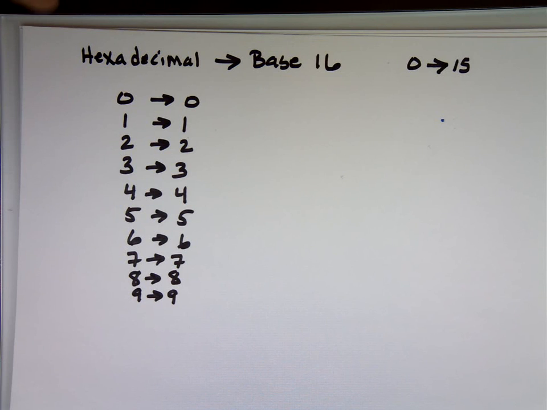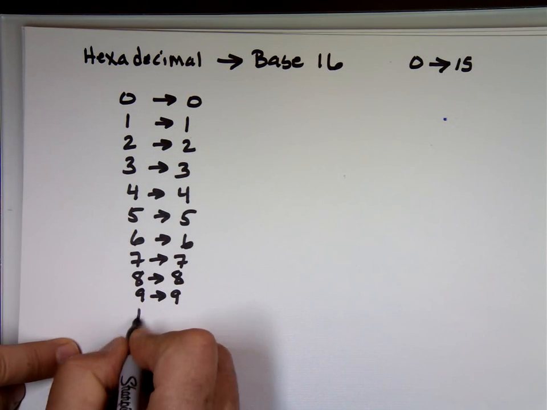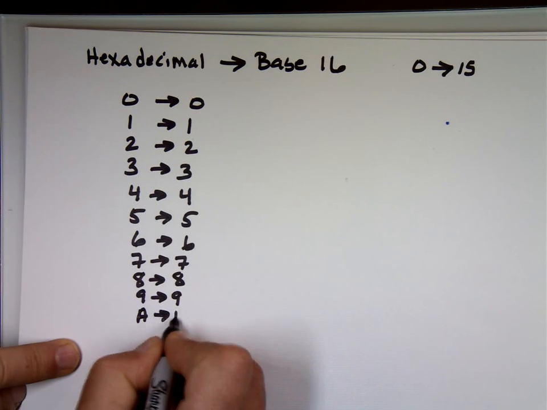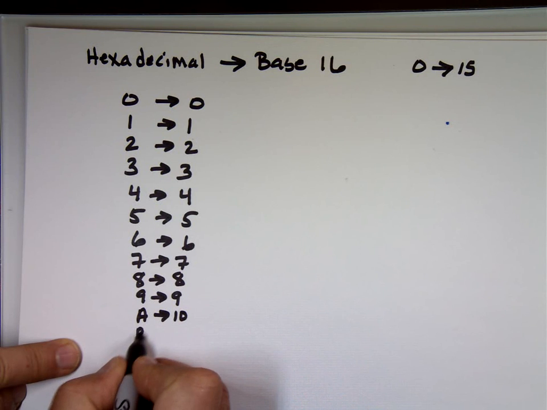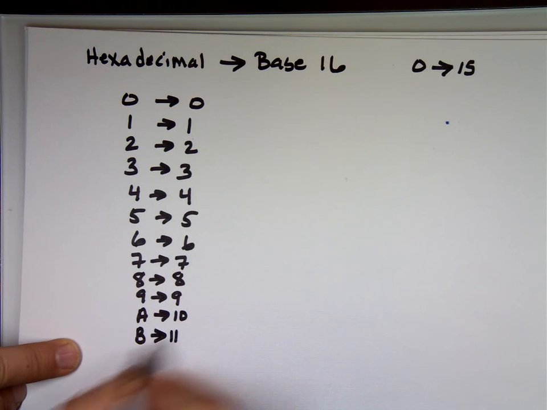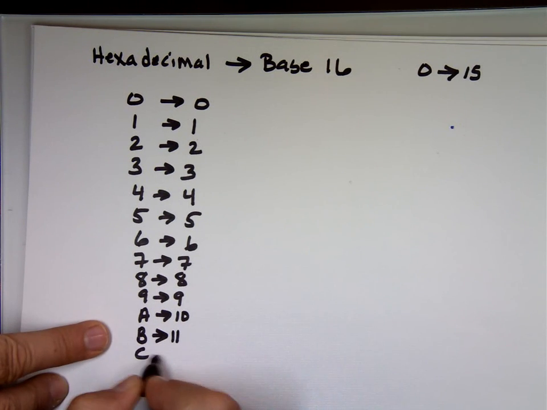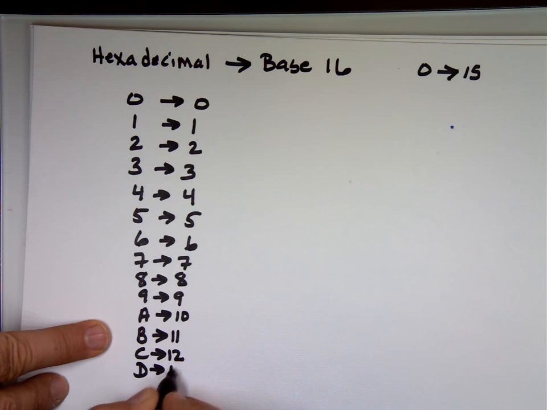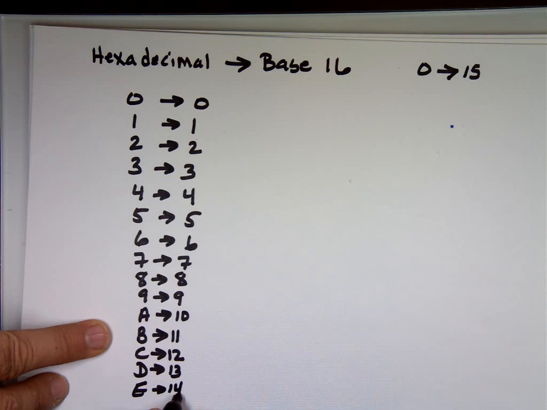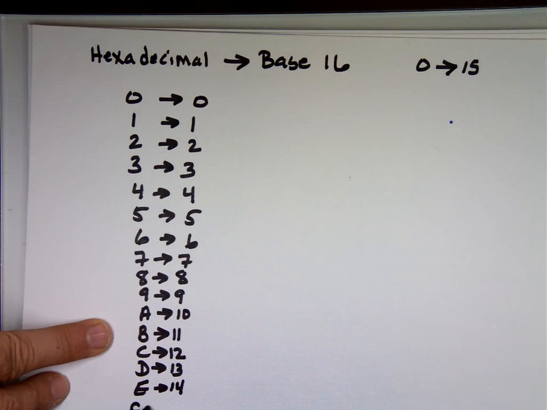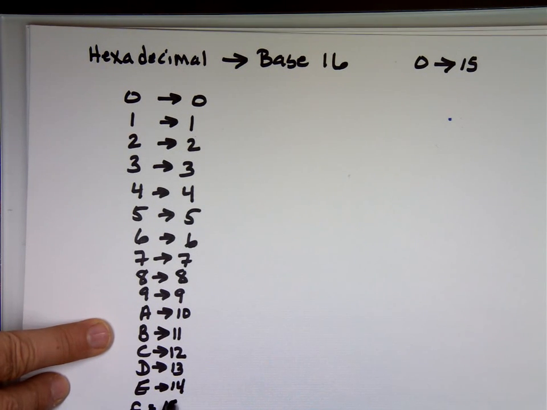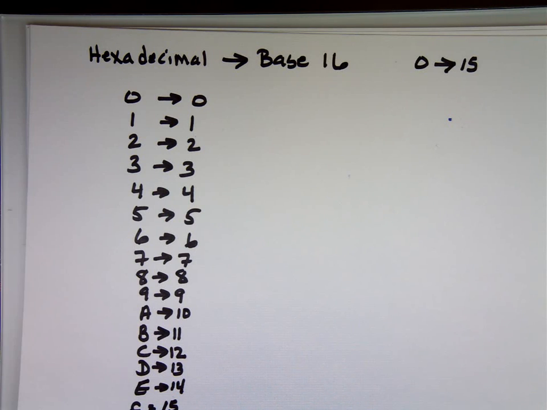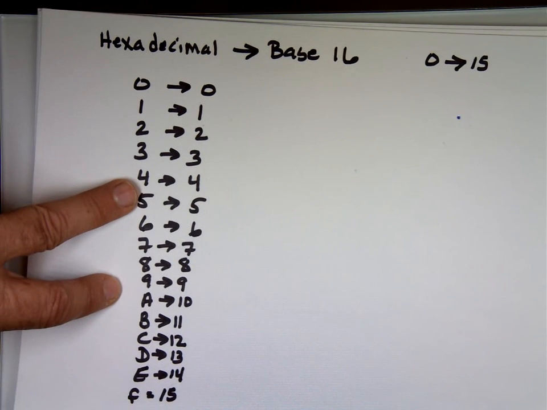They use A for 10. They use B for 11. We use C for 12, D for 13, E for 14, and F for 15.